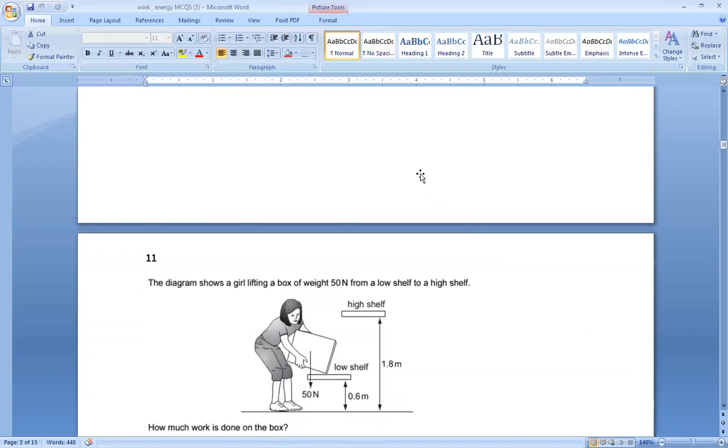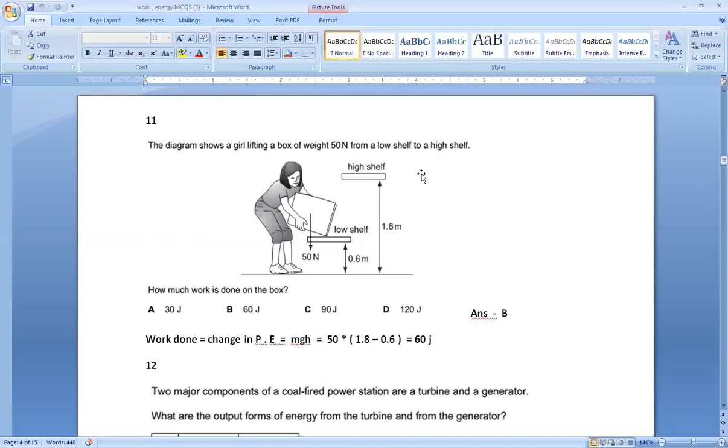Number 11 says, the diagram shows a girl lifting a box of weight 50 Newton from a low shelf to a high shelf.